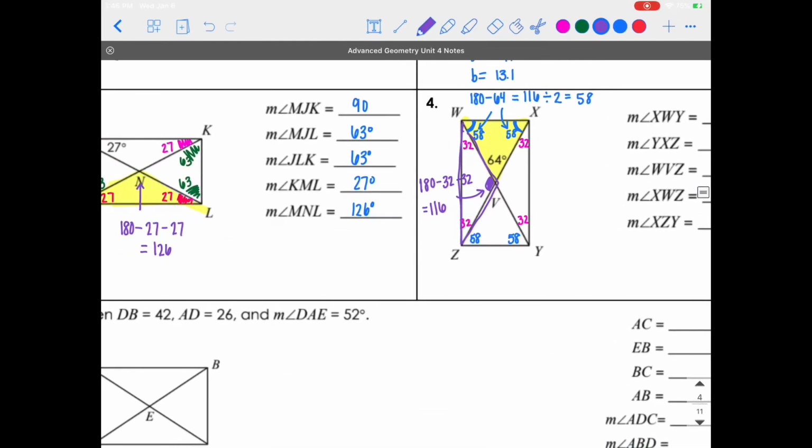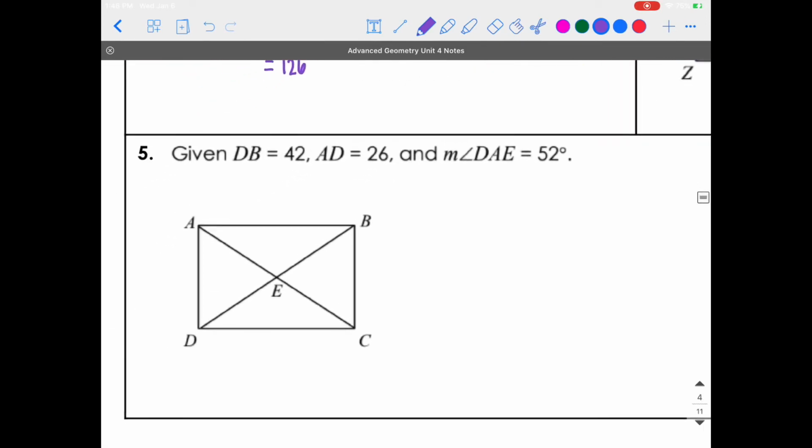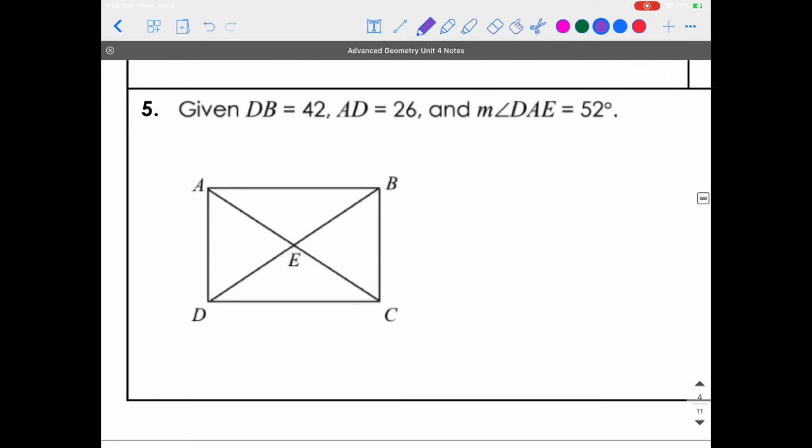Let's look at number 5, and I'm just going to work over here with the picture, and I'm going to write in everything that I know. All right, if the entire DB is 42, that means that each side is 21, which means that those are also 21.